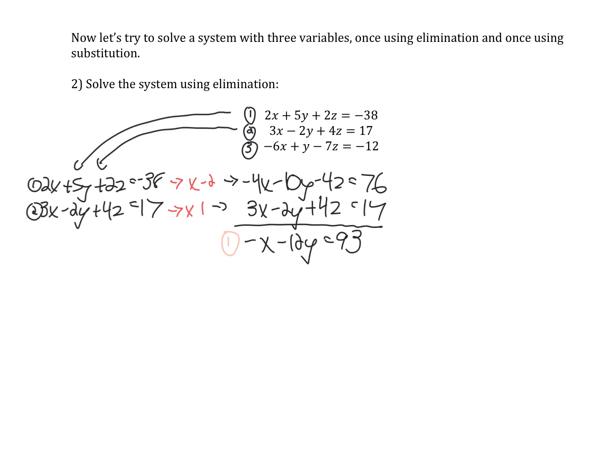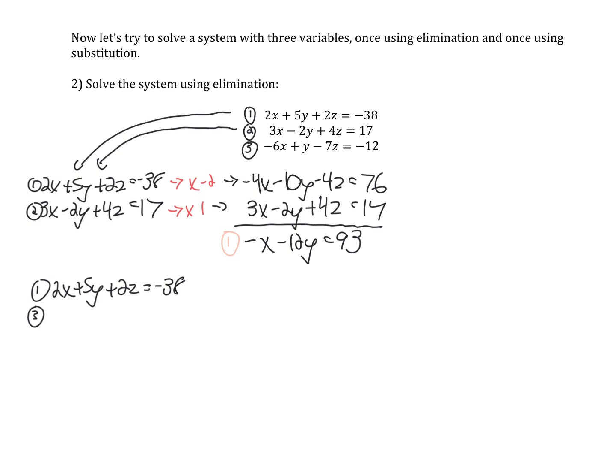Let's choose equation 1 from above again. So let's do the 2x plus 5y plus 2z equals negative 38. And let's choose equation 3. We can't choose equation 2, we already did that.